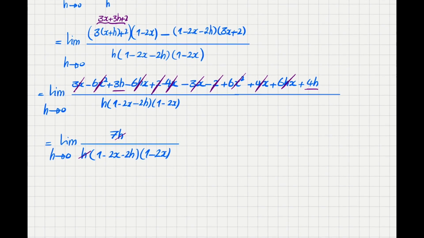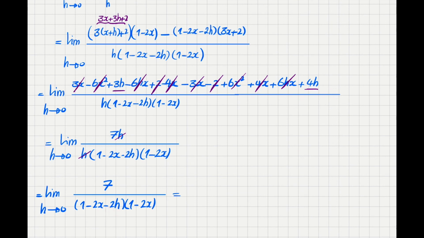And what is left for me, then the numerator, I will have a 7 left, and the denominator, I will have 1 minus 2x minus 2h multiplied by 1 minus 2x, and then h goes to 0. Okay? So now this is the stage that I have to replace h with 0 because there is no problem.